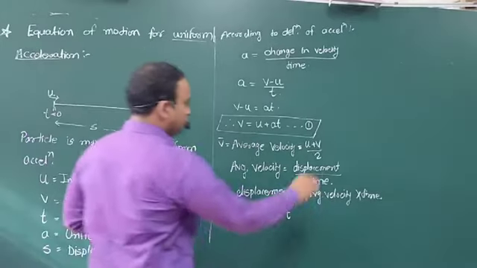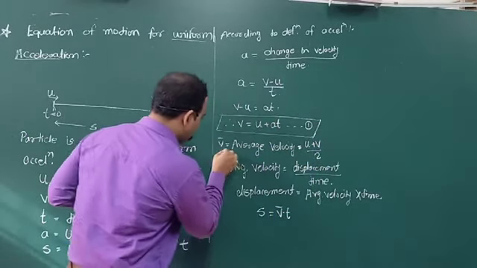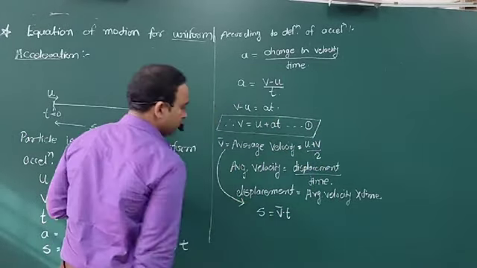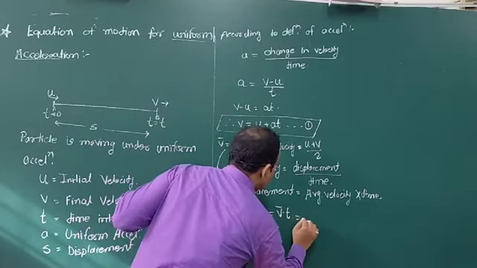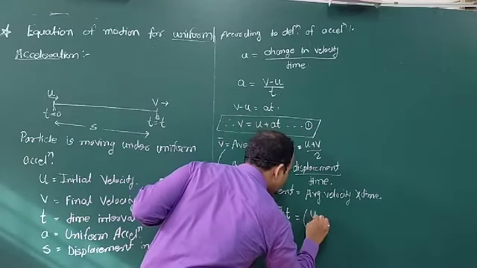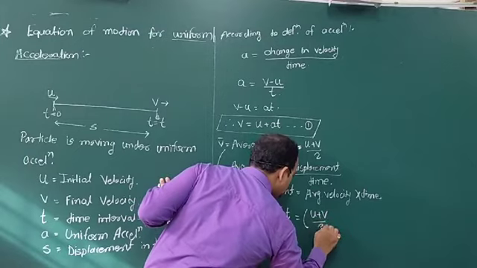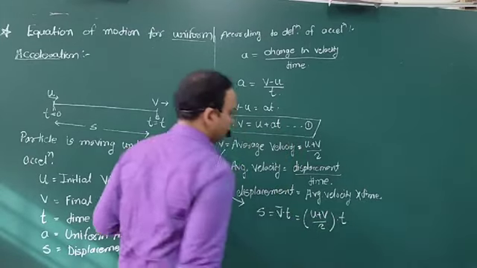Now substituting this value of v bar in this equation, we get v bar means u plus v upon 2, into t.